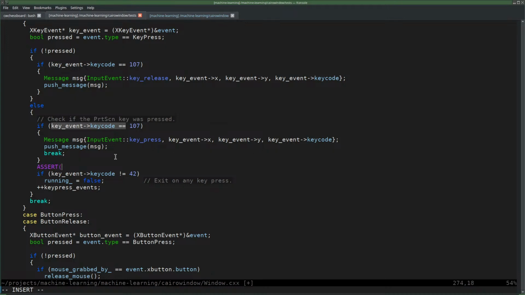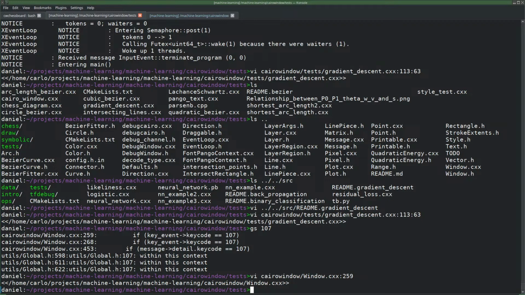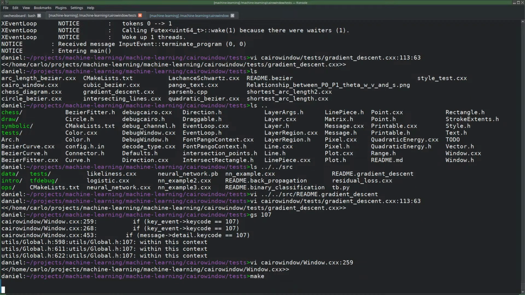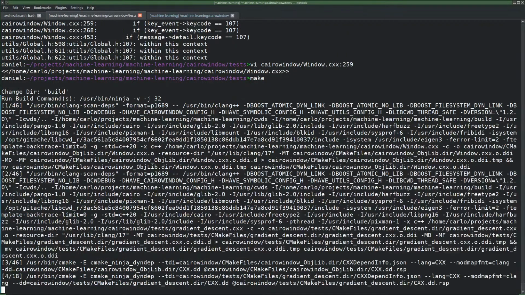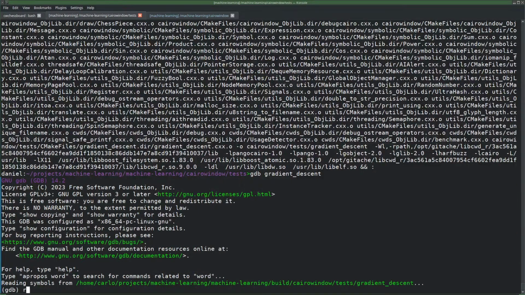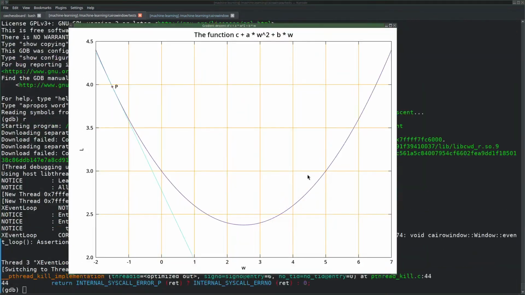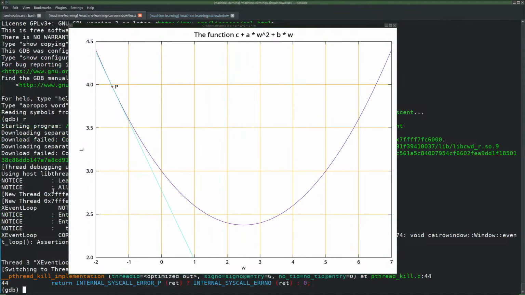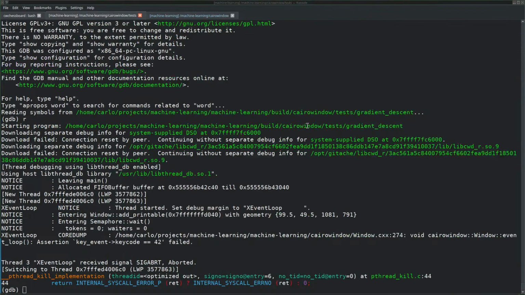Assert event key code equals 42, otherwise something is wrong, right? Ah, it wasn't 42.